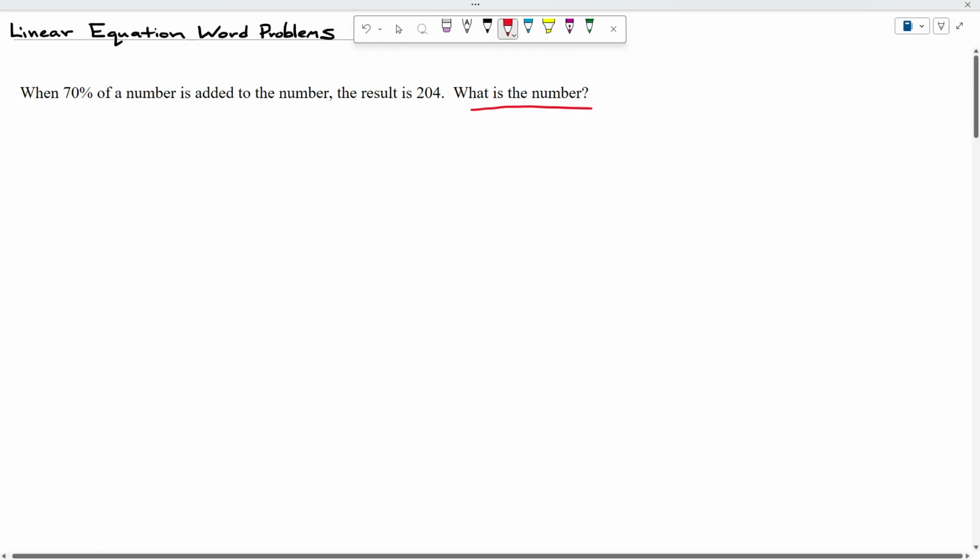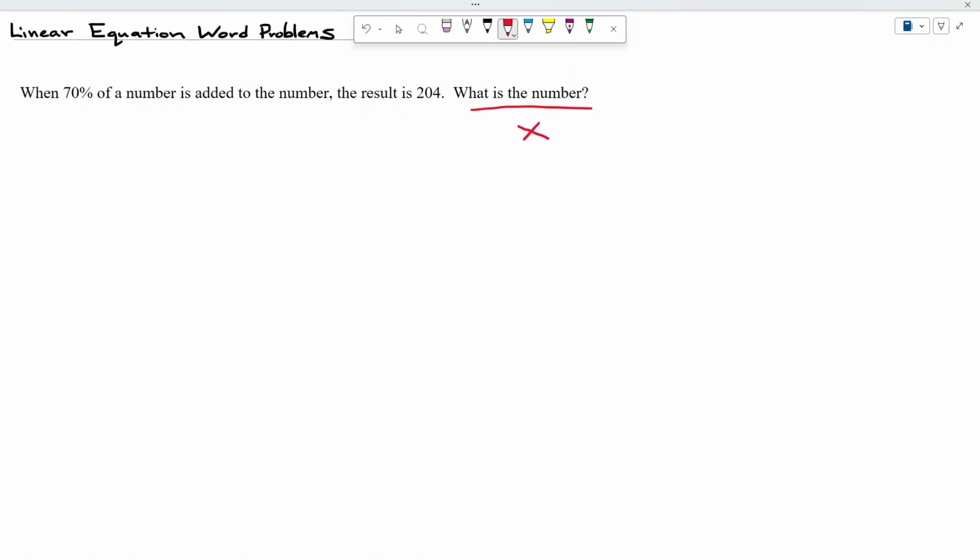So we can assign a variable right away. Let's just make it, and that'll be pretty much my general go-to for all of these, just do x. Make it easy, make it simple. So what is the number? So we'll call that x. So that is what we're trying to solve for, whatever this number is.